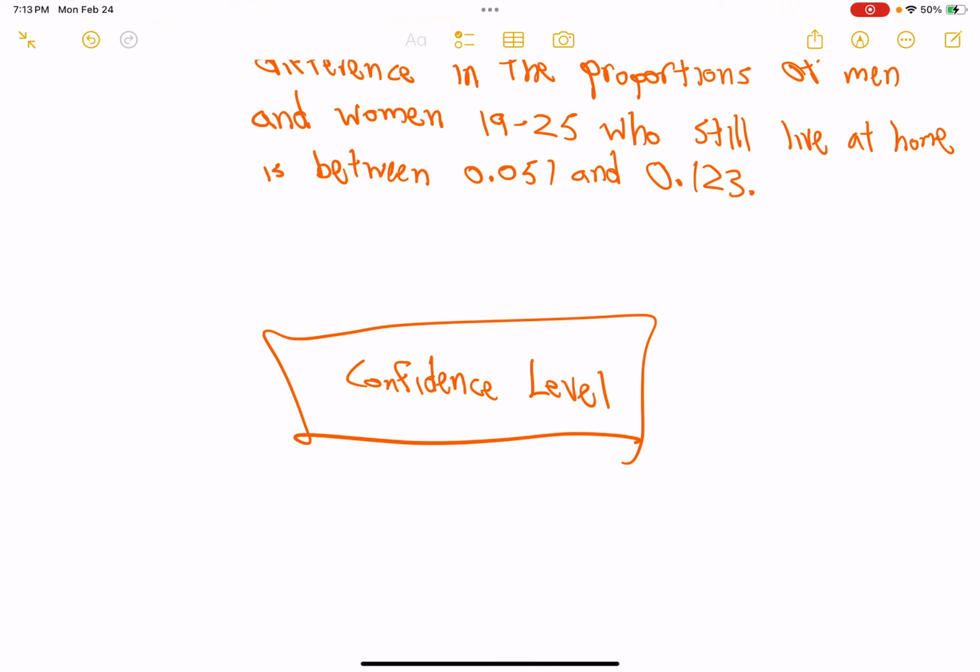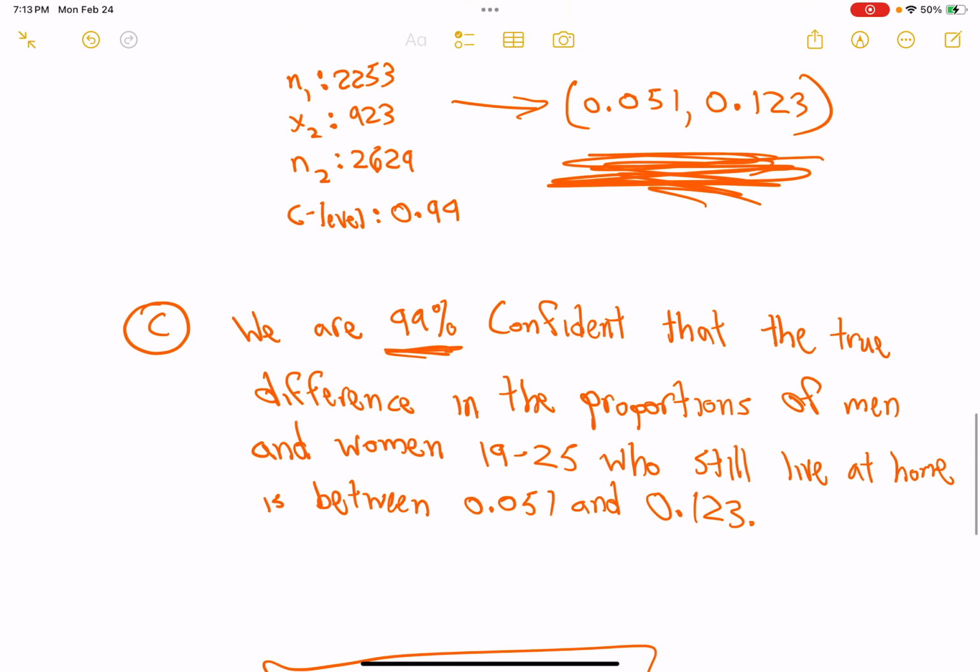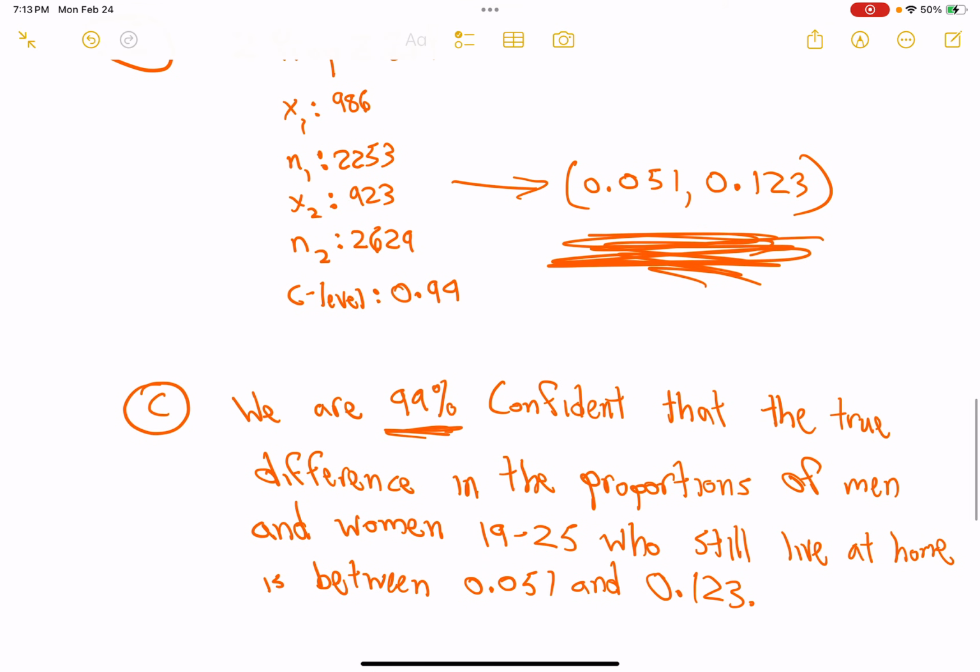So if we were to take many, many samples, all of the same sample size, of the difference between the proportion of men who live at home and the proportion of women who live at home, and we were to make 99% confidence intervals of all of them, we would expect, on average, about 99% of those intervals to be between 0.051 and 0.023.